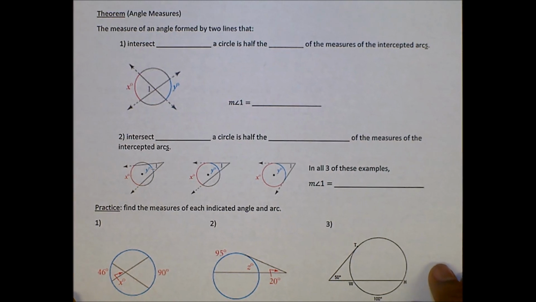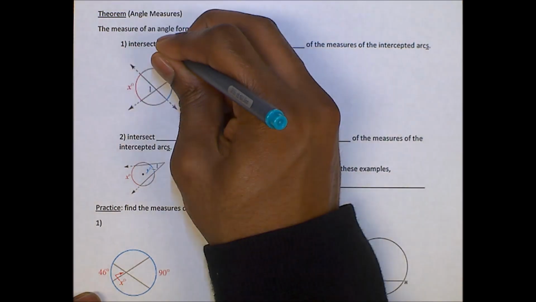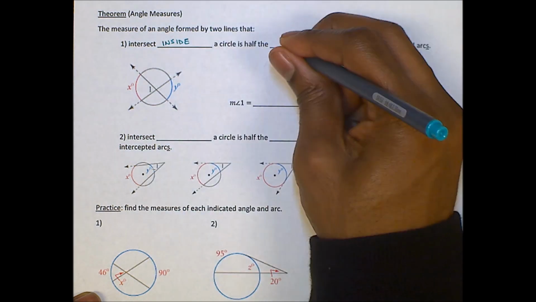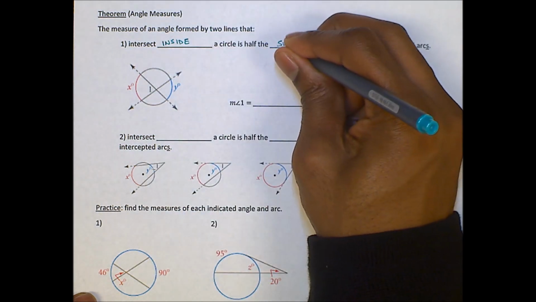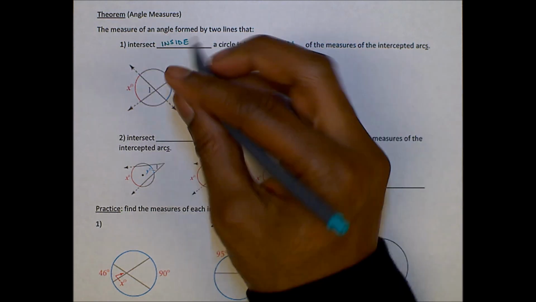So, the measure of an angle formed by two lines that intersect inside a circle is half the sum of the measures of the intercepted arcs. So, if you'll notice here, we have angle 1.